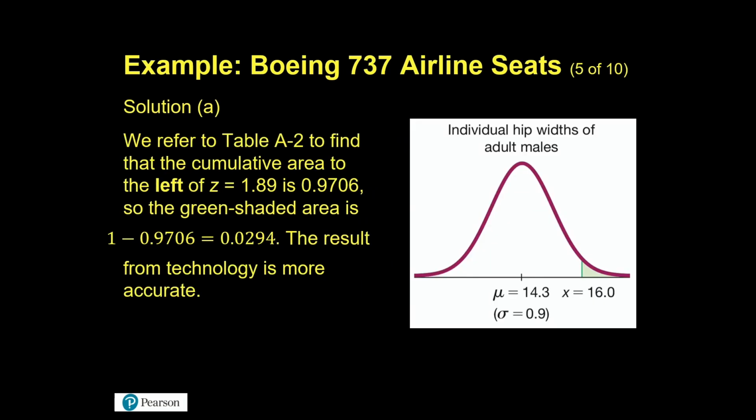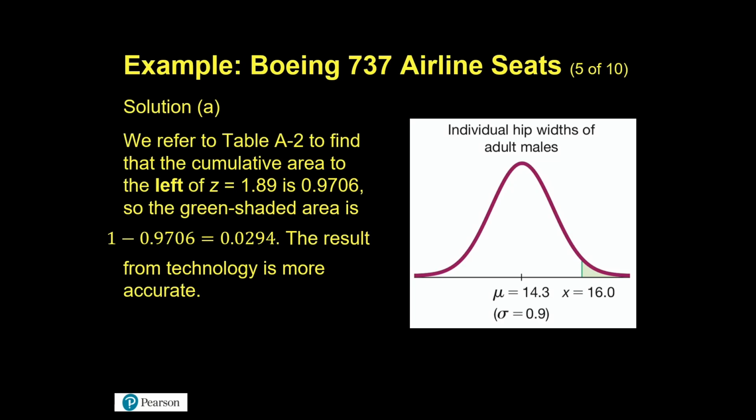Then on the next slide, we can find in table A2 that the cumulative area to the left of z equals 1.89, where 1.8 is the row and 0.09 is the column, is 0.9706. So then the green shaded area is 1 minus 0.9706. That's 1 minus the area in table A2, which is 0.0294.